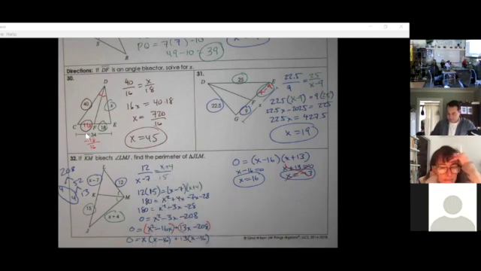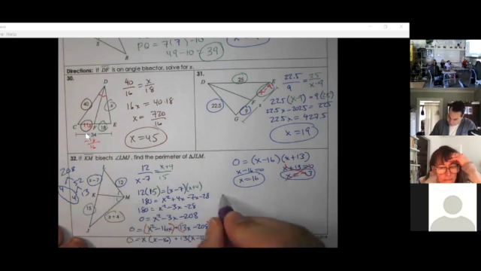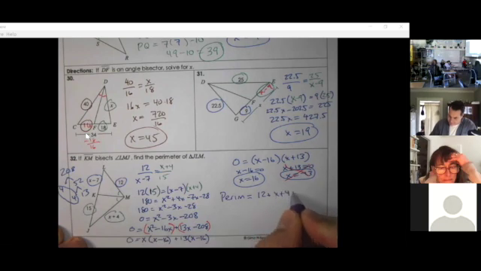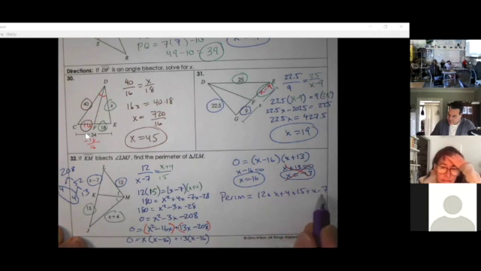The question asks me to find the perimeter. So my perimeter equals 12 plus x plus 4 plus 15 plus x minus 7. I'm going to clean it up first and then substitute. So 12 and 4 and 15 is 31, minus 7 is 24.